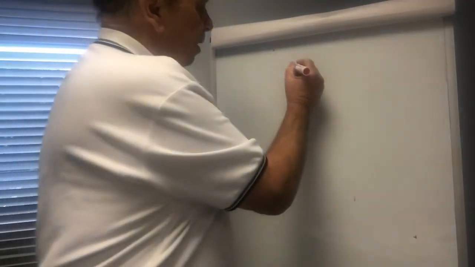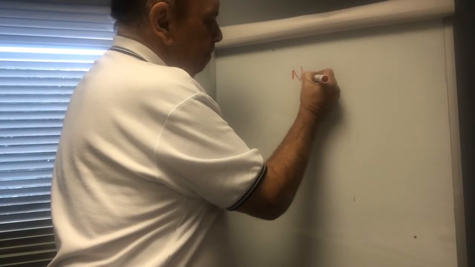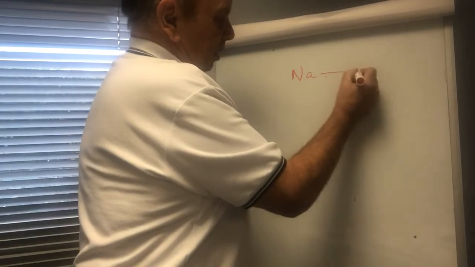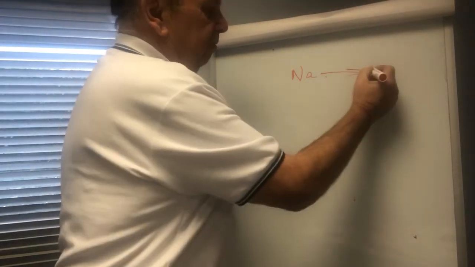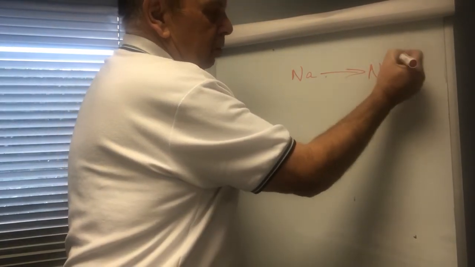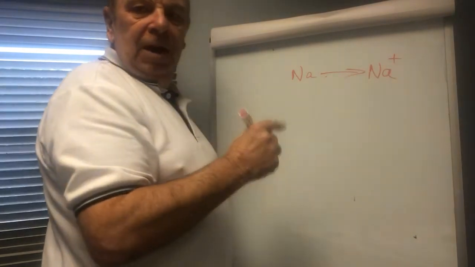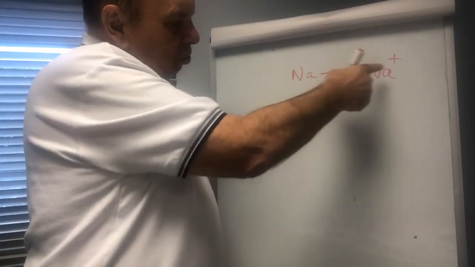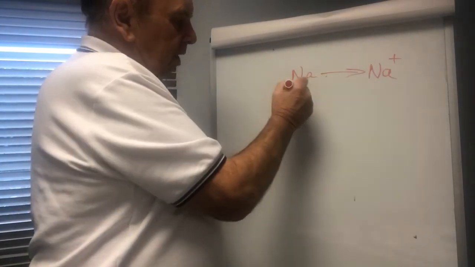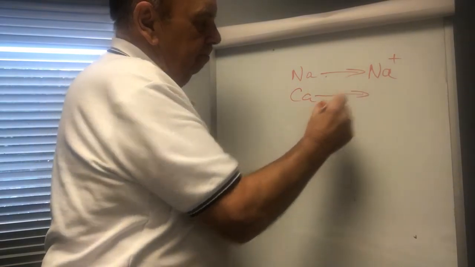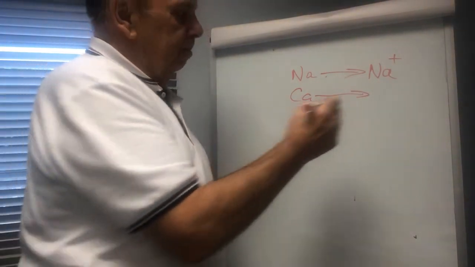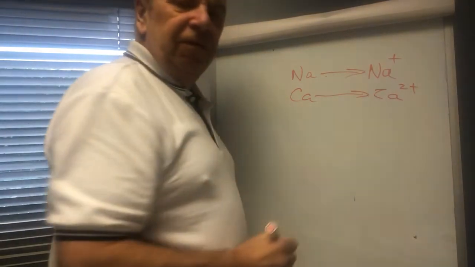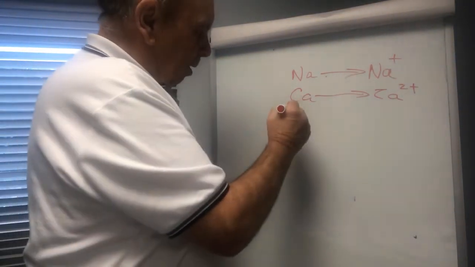Let's take sodium. It loses 1 electron in the outer shell, and it forms a sodium ion. It's lost an electron, so it has a positive charge. Let's take calcium, in group 2. It loses 2 electrons when it forms compounds.